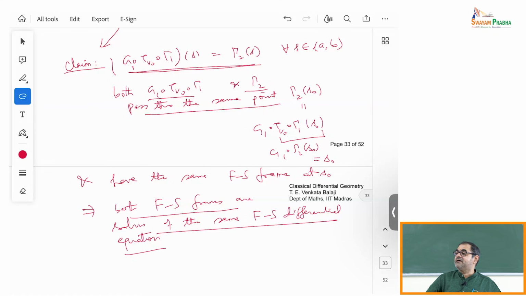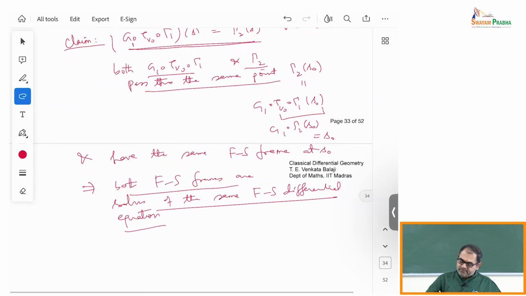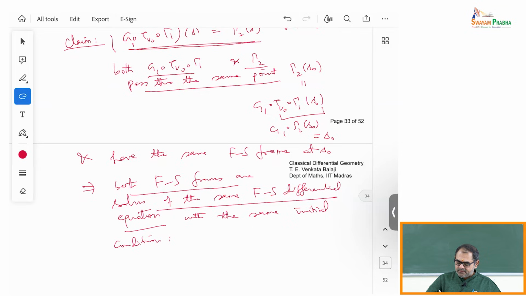they have the same initial condition. What is the initial condition?